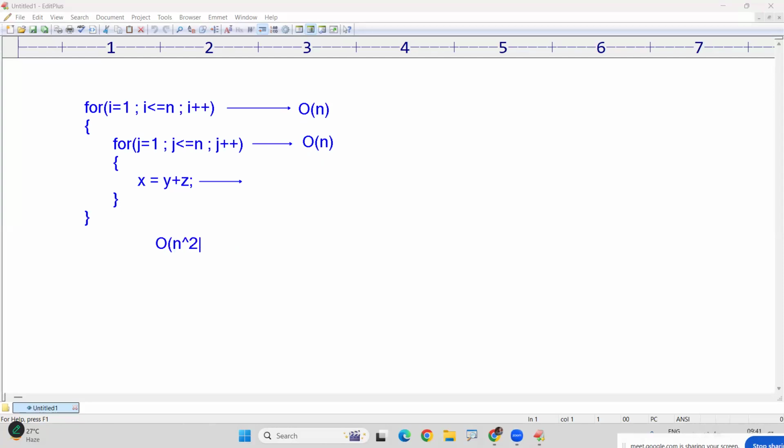Again, same story: if outside you have written one extra statement, compared to n square operations, that one iteration is negligible.